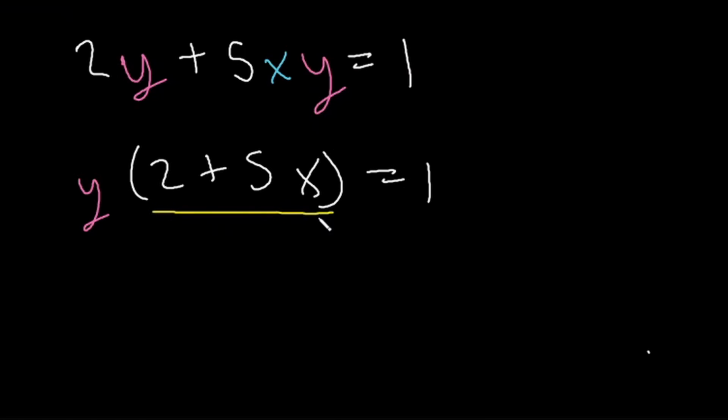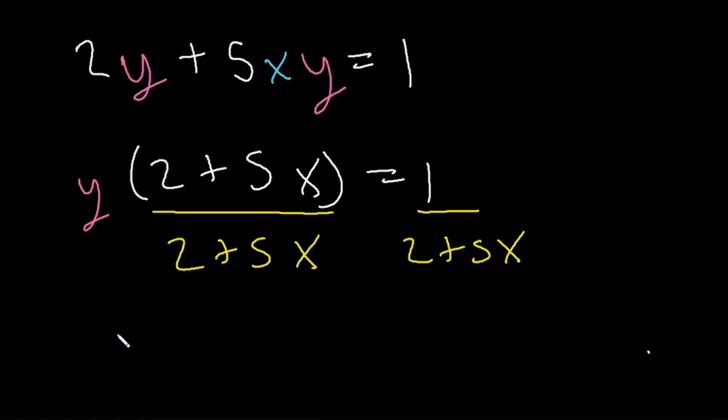So now we can just divide by this entire thing here, 2 plus 5x, and divide over here by 2 plus 5x, and we would find that y is equal to 1 over 2 plus 5x. So we can divide by entire expressions as well as just individual numbers and individual variables.